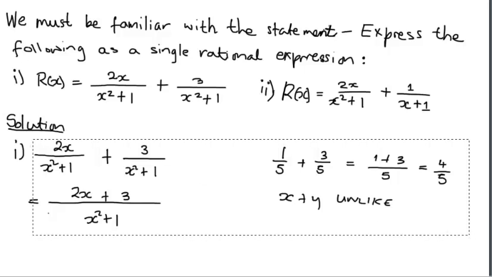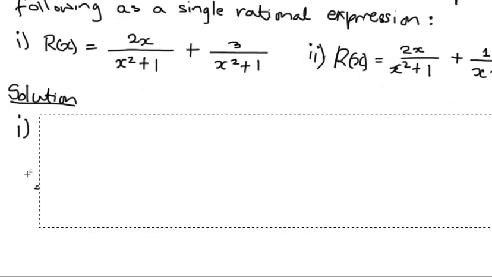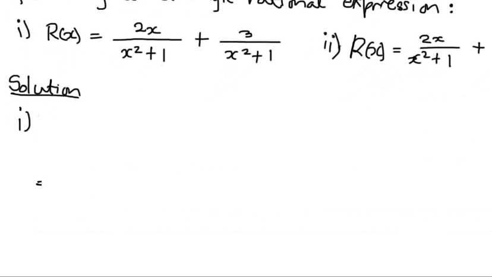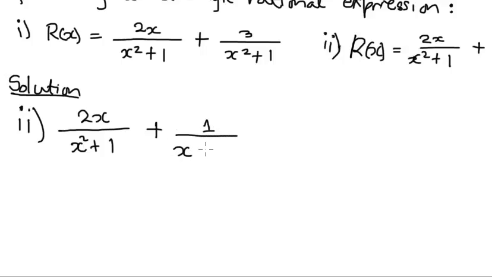Let's get rid of this. Now you are dealing with number 2. Number 2 says we add 2x over x squared plus 1 plus 1 over x plus 1.